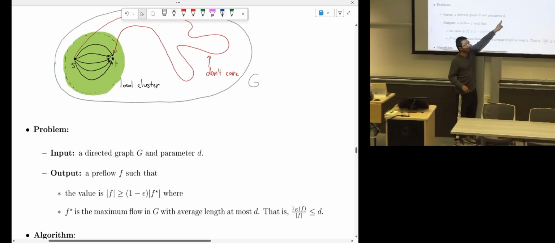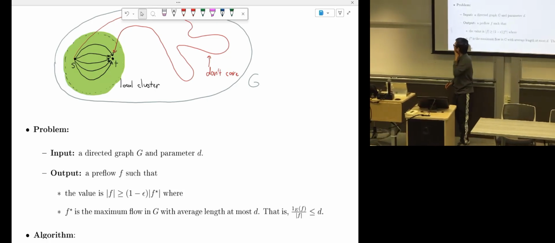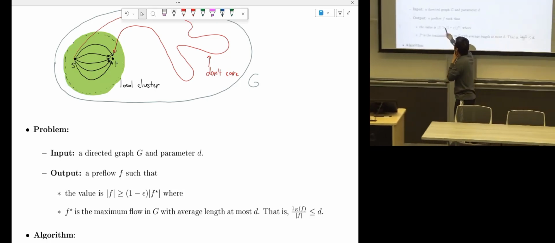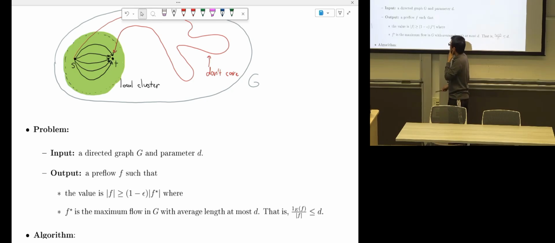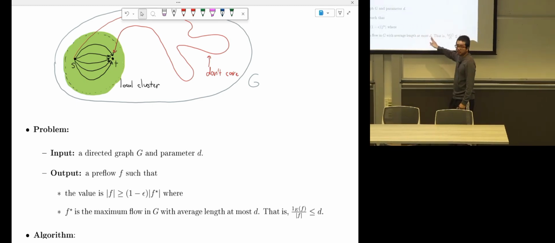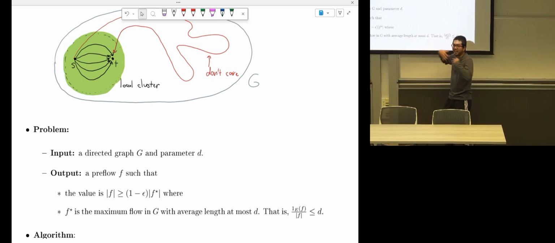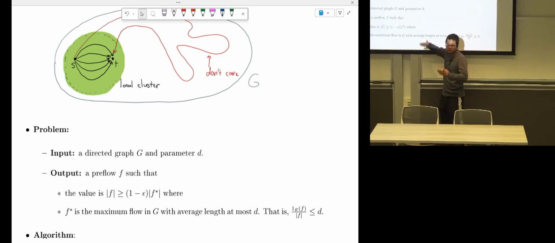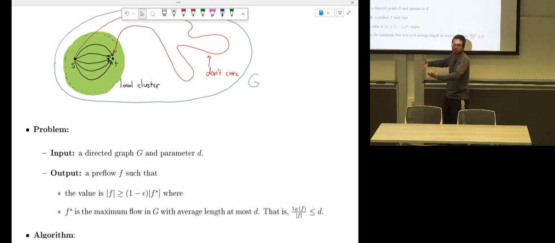You have parameter D. And we want to find a flow, a pre-flow, such that the value is as big as the maximum flow F star, where F star is a maximum flow such that the average length is at most D. Just the flow whose average length is not too big, at most D, and take the one that is maximum.